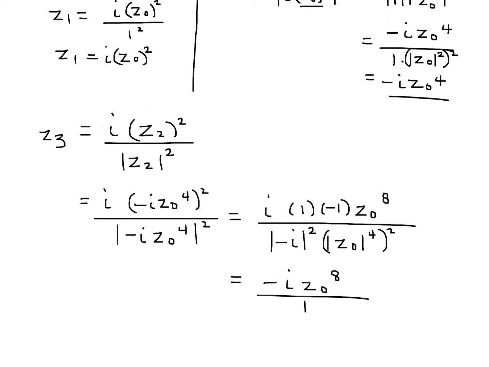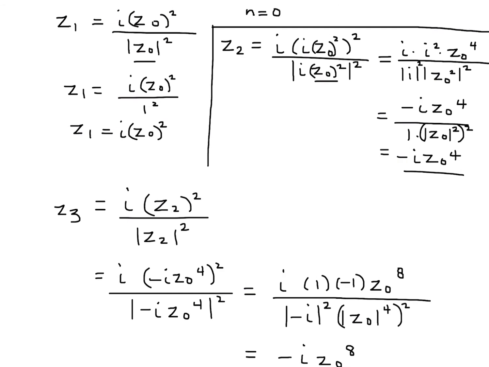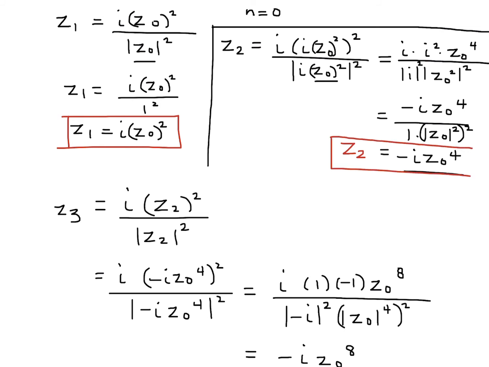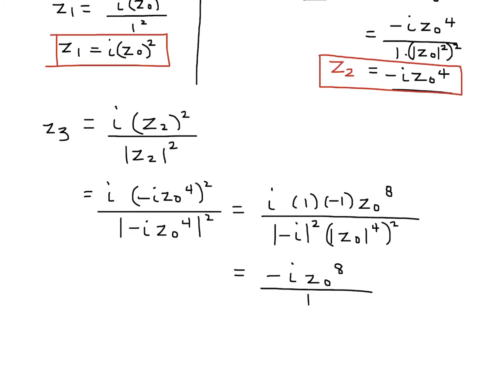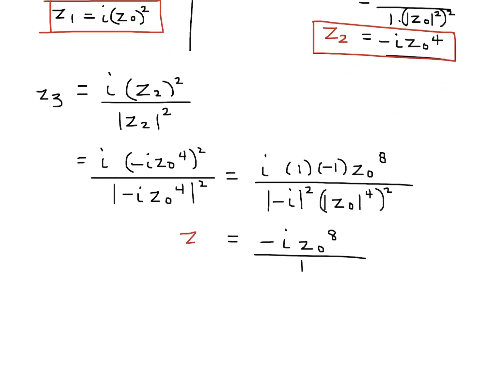So let's see, what did we get so far here? We've got z1 is i z0 squared. z2 is negative i z0 to the 4th. And then z3 is negative i z0 to the 8th.